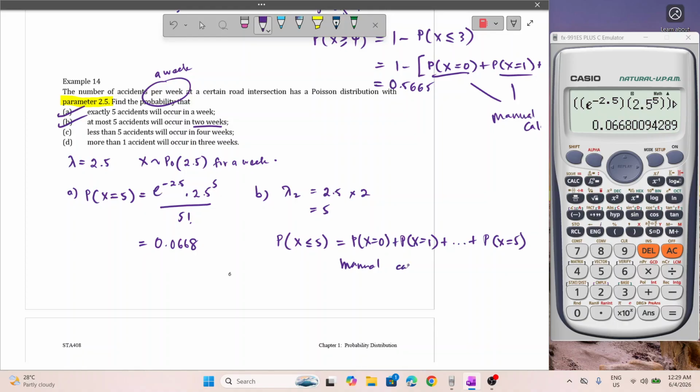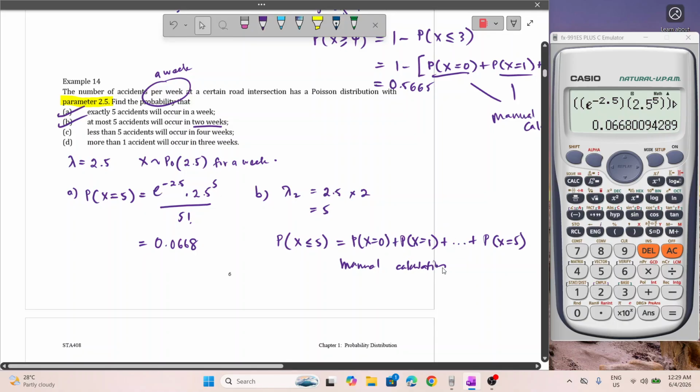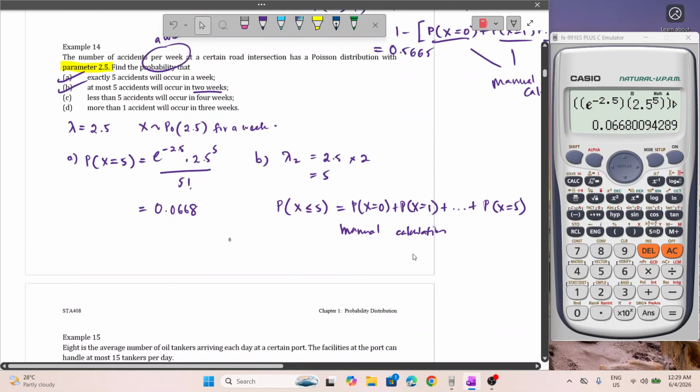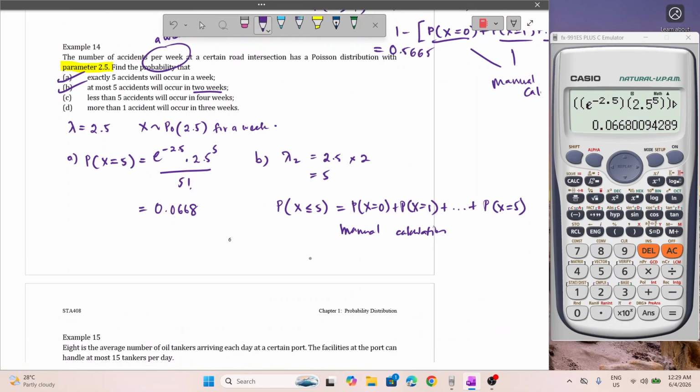But for this kind of problem, I prefer to use the statistical table. Using the statistical table, probability of X less than or equal to 5 is actually 1 minus probability of X greater than or equal to 6, right?